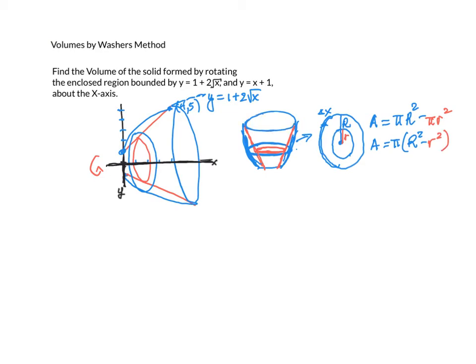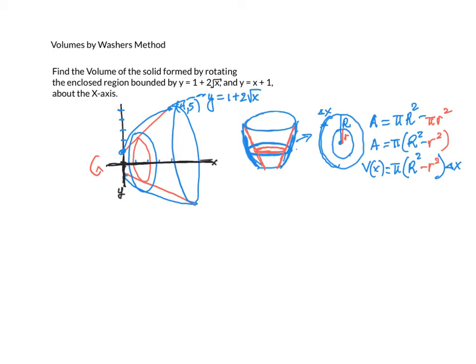To find the volume of the washer, we are going to say V of x equals the area, which is pi times big radius squared minus little radius squared, times the thickness delta x, and that's the volume.